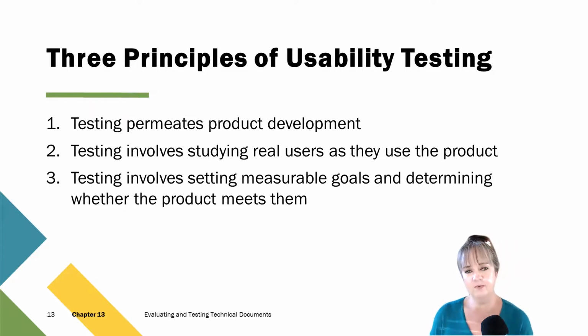Now, there's three principles of usability testing, and the basic one is that testing goes throughout product development. It's not just after you write the instructions, right? When the product is being developed, it has to be tested to make sure it's used the way you need it to be used. When it's done, it's probably put in the hands of users to figure out how they would use it, and you watch them.